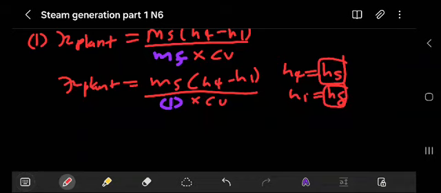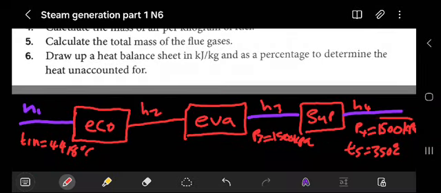So let's find that. Let's check H4 at the pressure of 1,500 and temperature of 350. Here we'll check at the temperature of 44.8 degrees Celsius.